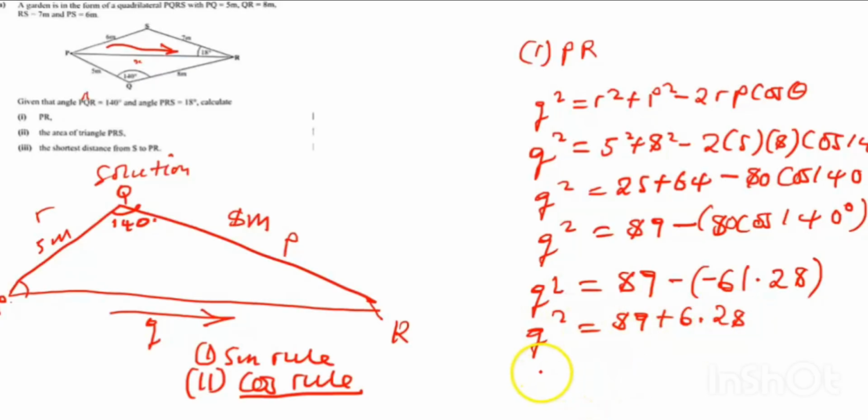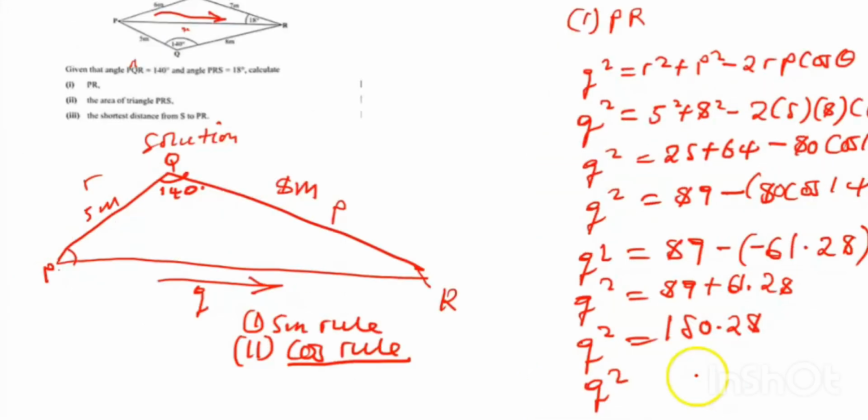Okay, then here when you add, it equals 89 plus 61.28, you're going to have 150.28.